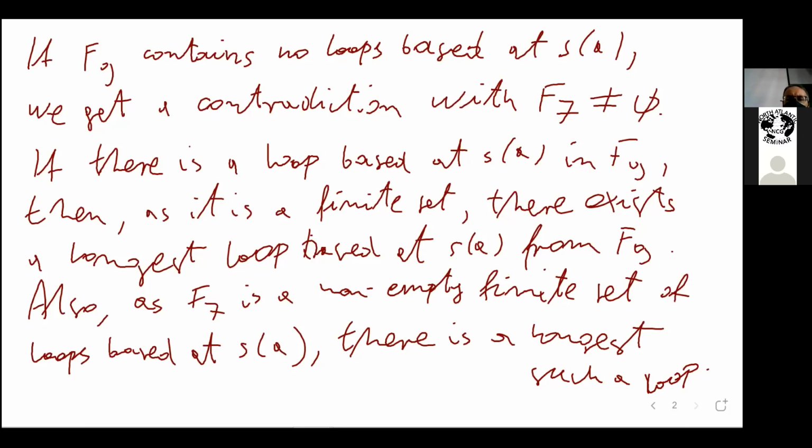There exists a longest loop D based at SA from F9. There is a longest such a loop C. Okay. So this is a loop based at SA from F7.